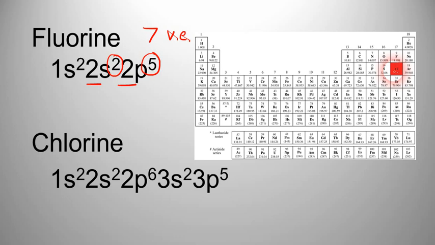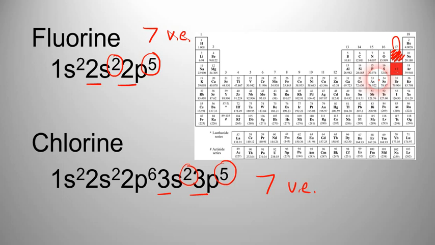Here's its electron configuration. How many valence electrons does chlorine have? Well, sure enough, it's 2 plus 5, so it has 7 valence electrons. So it seems like all these elements in group 17 seem to have 7 valence electrons. And so there's a pattern there too.